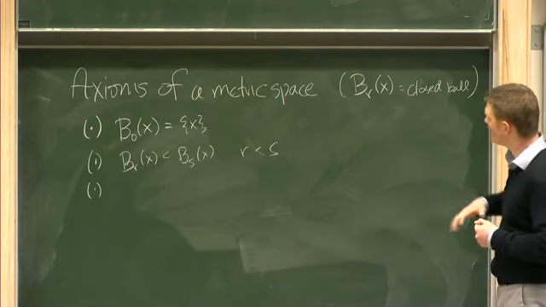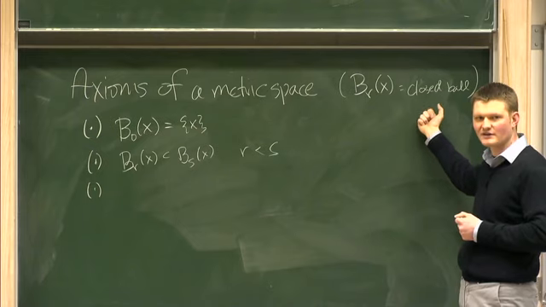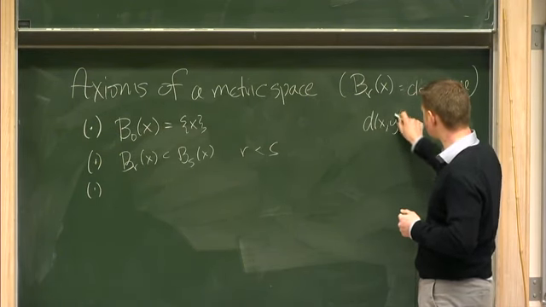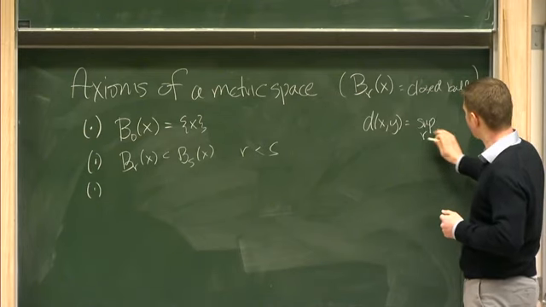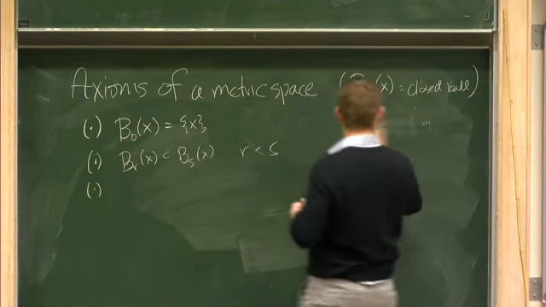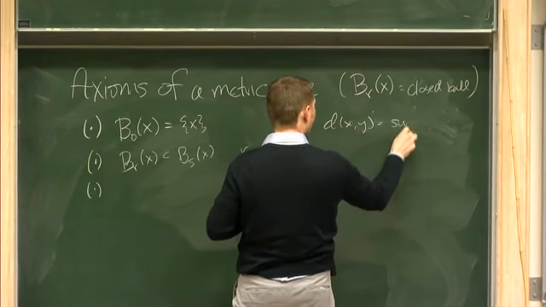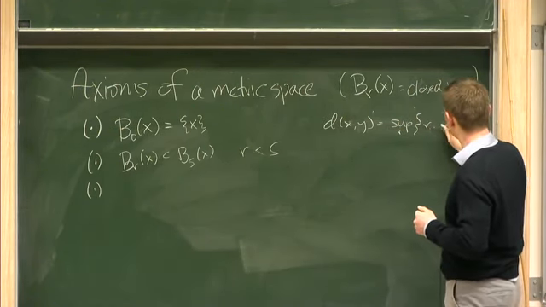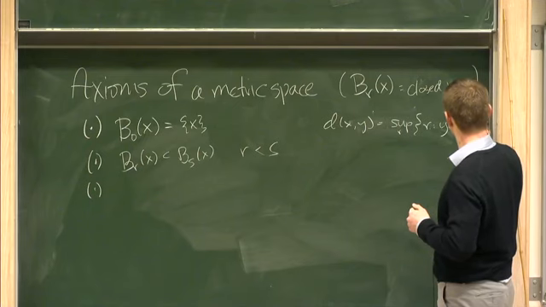And in order to write down what symmetry should mean in terms of the metric balls, we need some way of describing distance in terms of the metric balls. So we're just going to use this shorthand, essentially the same thing as what we have there. The biggest value of r such that y is not in the ball of radius r.